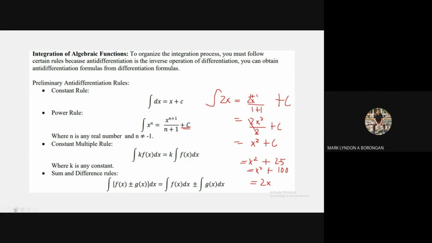Now, what about sa atuang constant multiple rule? Sa atong constant multiple rule, you have there the integral of k, kanang k na to is some constant, times f of x is just equal to k times the antiderivative of f of x.